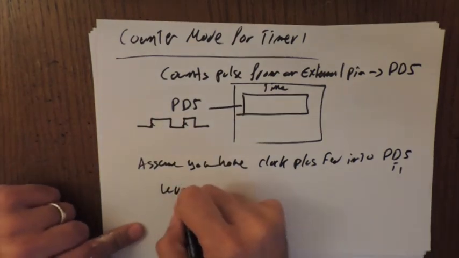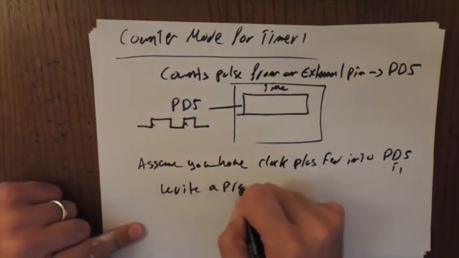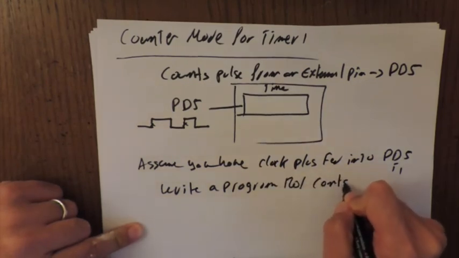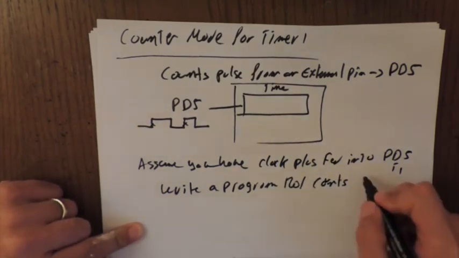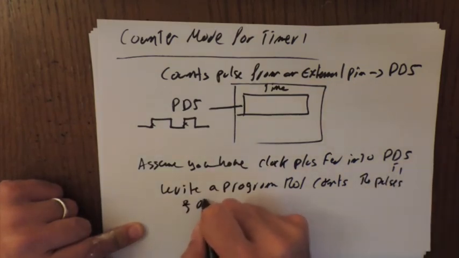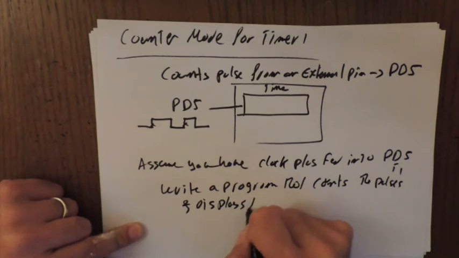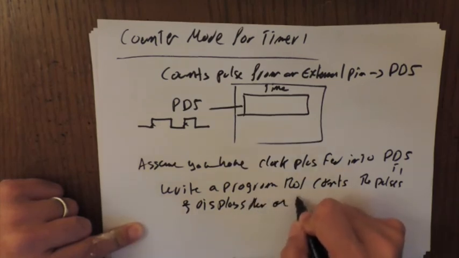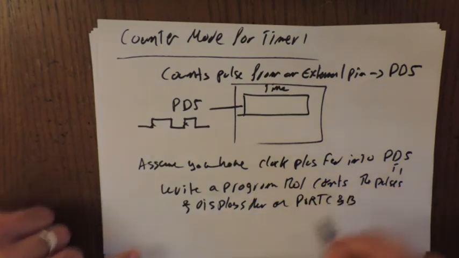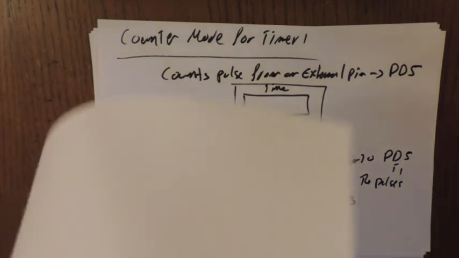Write a program that counts the pulses and displays them on port C and B.